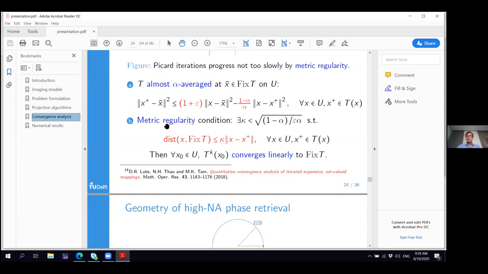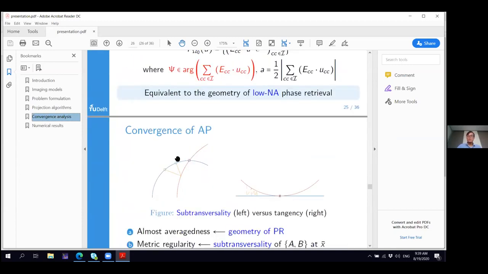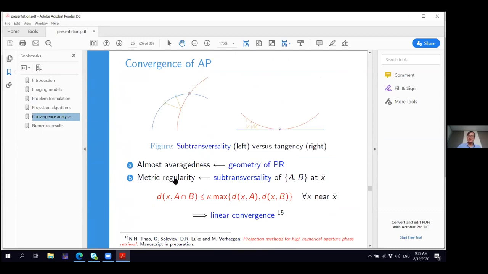So what we call metric regularity is a terminology, but actually if we reduce to a point, a reference point, this should be metric subregularity.